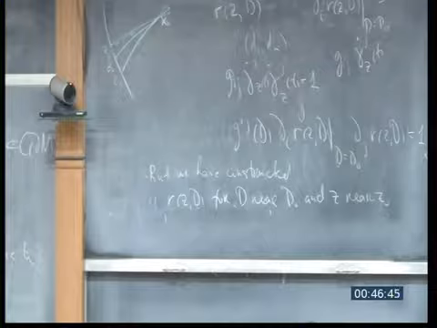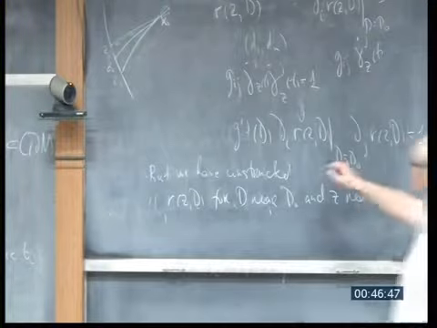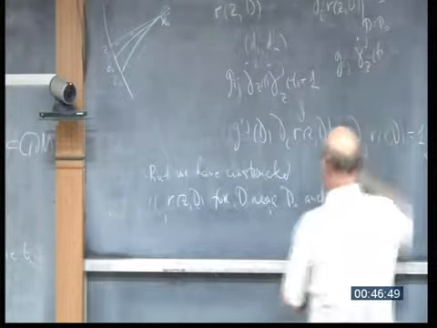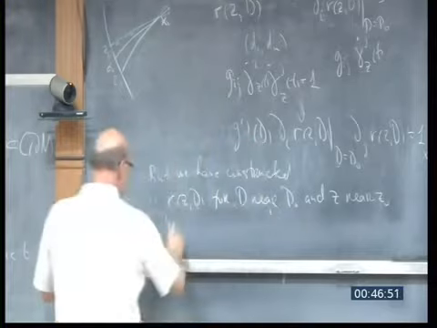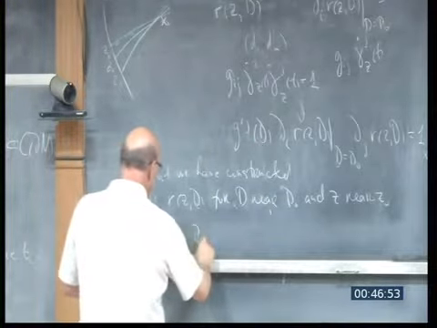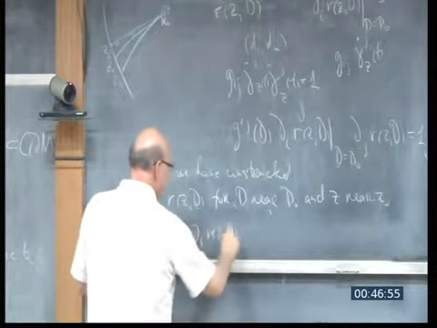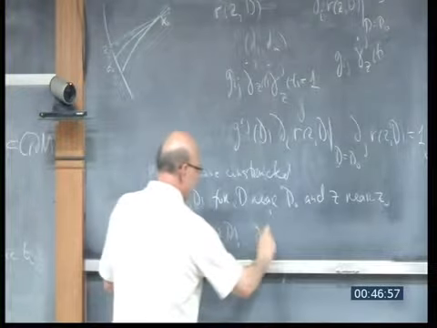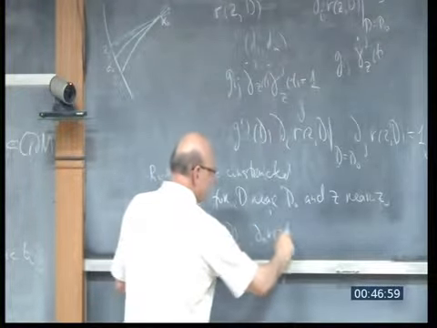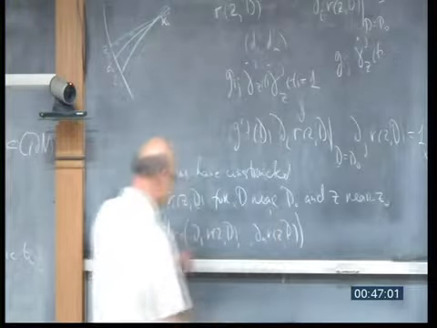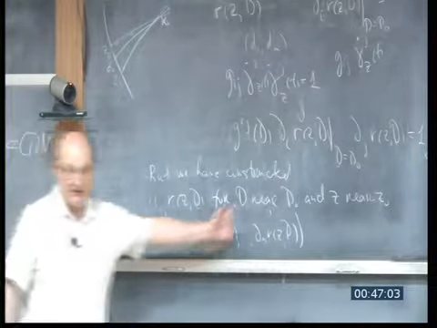By the way, this object is called dr. Dr is just d1 r(z, d), ..., dn r(z, d). So this is the differential. It's all derivatives, nothing more.